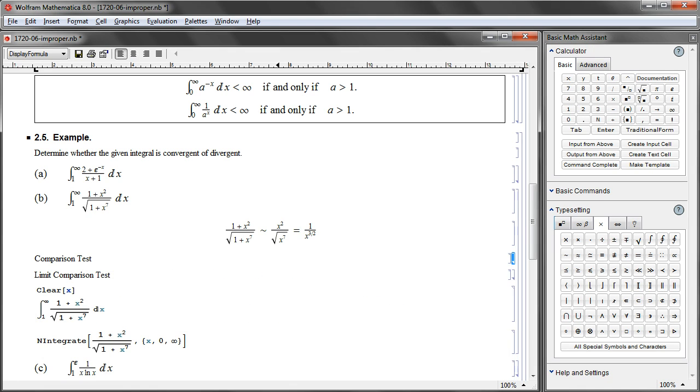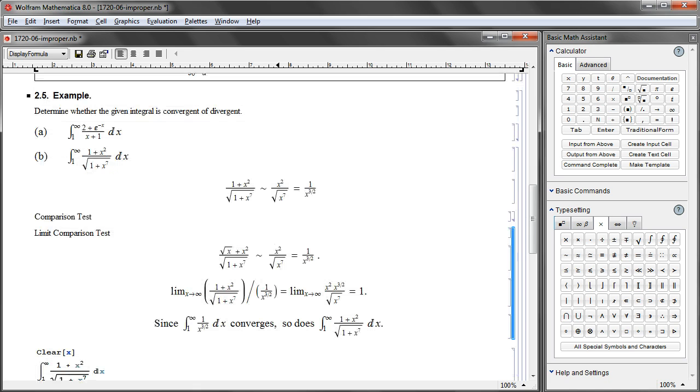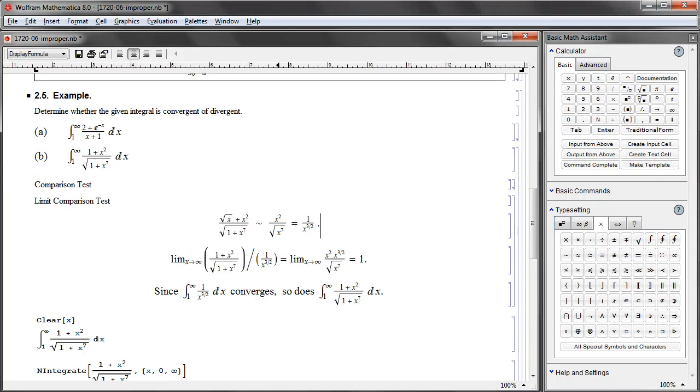Like this. We take that, and we already have it here. And then we take this to the denominator, and the original function goes to the numerator, and then calculate this limit.